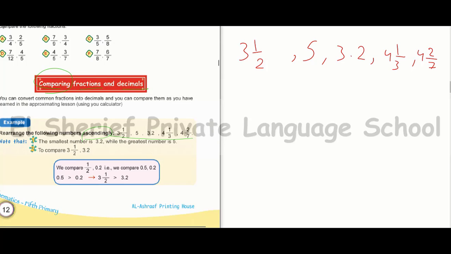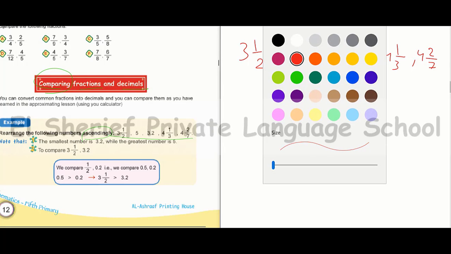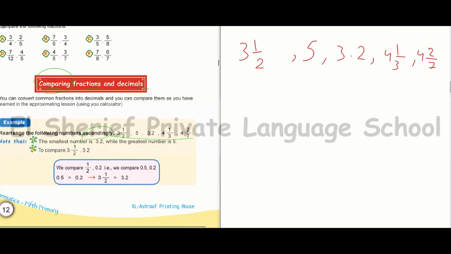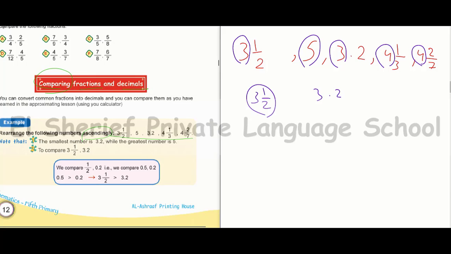We look first at the whole number. Here we have the whole numbers 3, 5, 3, 4 and 4. So the smallest are the 3s; we compare 3 and a half with 3.2. 3 and a half we convert to a decimal number: multiply 1 by 5 and 2 by 5 to get 5 over 10, so 3.5. 3.5 is more than 3.2.